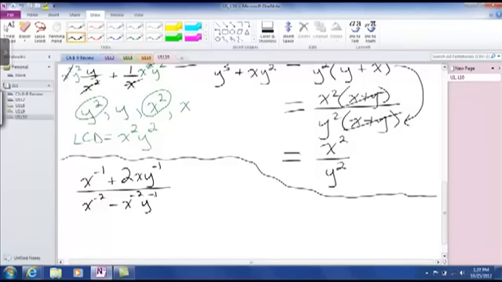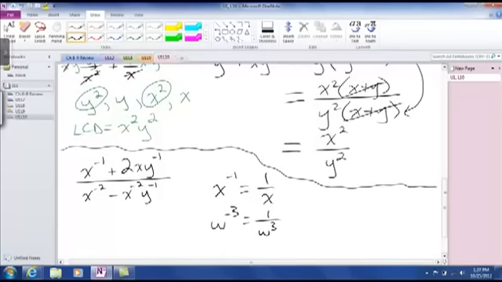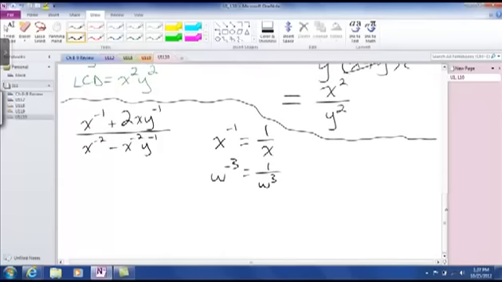Okay, the first trick here is to rewrite it without the negative exponents. Remember, here's an important thing to remember. x to the negative 1 is equal to 1 over x. Or, w to the negative 3 is equal to 1 over w cubed. So to get rid of a negative exponent, all I have to do is flip that term down to the bottom of the fraction.